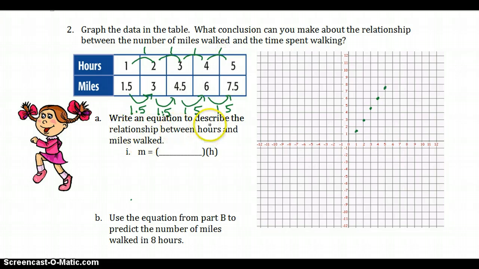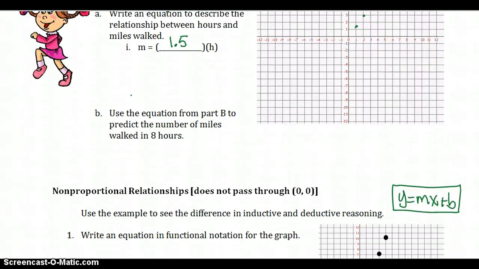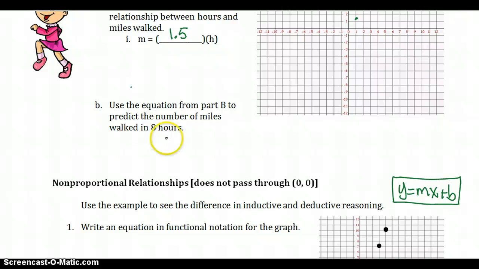So write an equation to describe this relationship. Well, m equals, or miles, distance equals rate times time. h is for our hours, and our rate of change is 1.5 per 1 hour. For every hour, you're going to walk 1.5 miles. Use this equation to predict the number of miles walked in 8 hours.